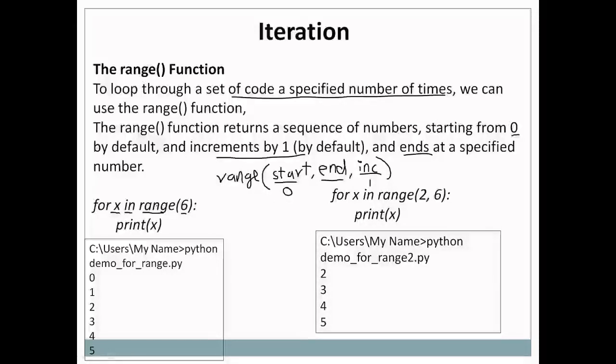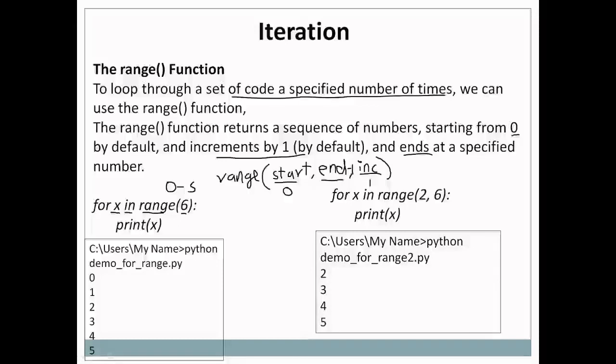So how does this particular loop execute? As it is said, range will simply create a sequence from start to end. So start to end means from 0 to 6. Again, it is end minus 1. It is not only end, it is end minus 1. So it will create a sequence from 0 to 5.